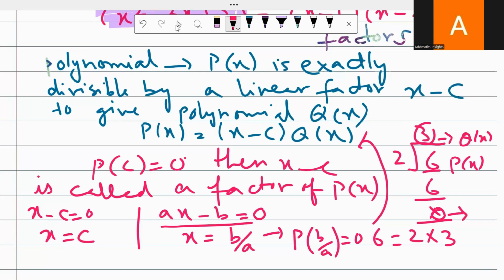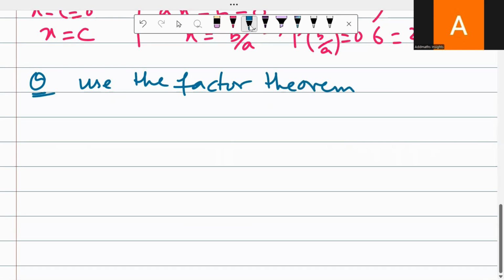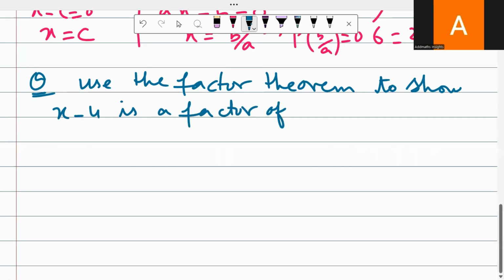For example, the question is: use the factor theorem to show x minus 4 is a factor of x cube minus 3x square minus 6x plus 8.